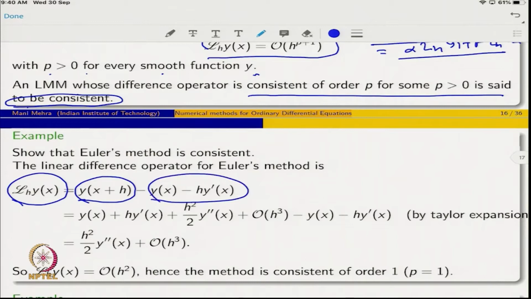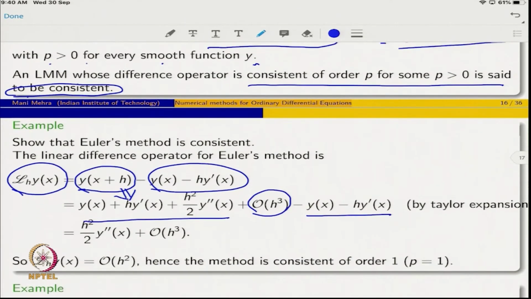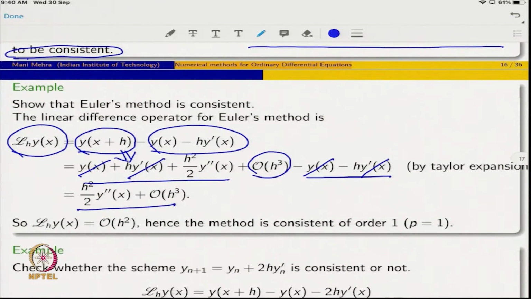Now I will write a Taylor series corresponding to this up to this term, and this is the truncation error, and this I am retaining as such. So, this can be cancelled out with this, and this is here. So, basically L_h y(x) is of order h^2.